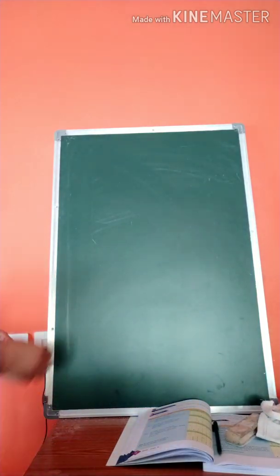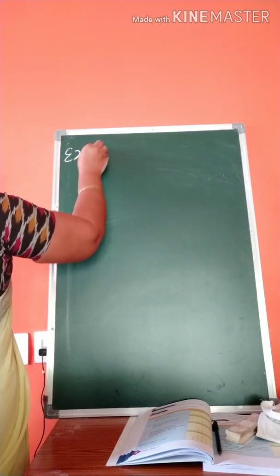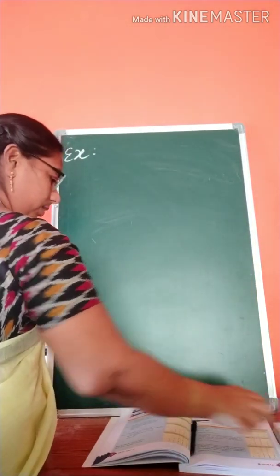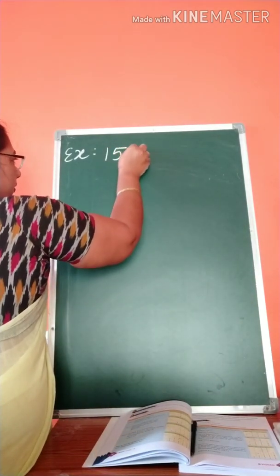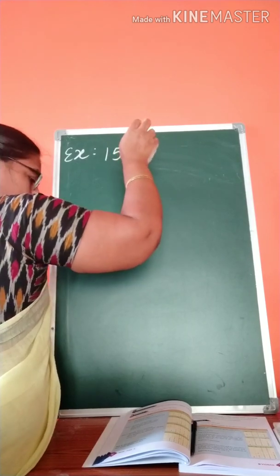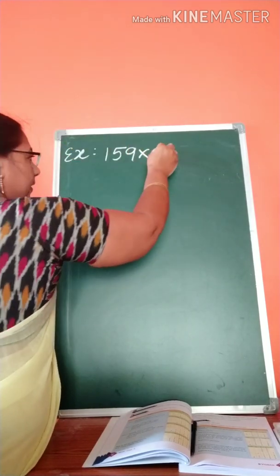Okay, children? Children, understood? Now let us take one more example of the same 3 by 3 digit multiplication with regrouping. Okay, one more example, children. So here one more example, let us take 159 into 342.